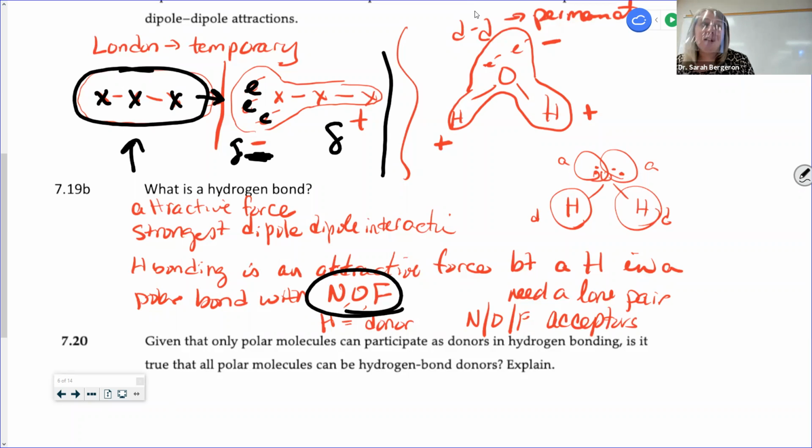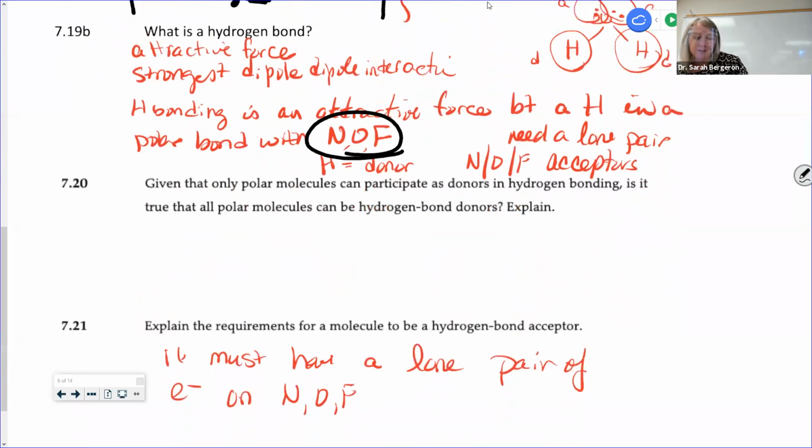They are all electronegative, so these can pull the electrons from hydrogen and hang out. When you talk about hydrogen bonding, it's the force between a hydrogen that's already participating in a polar bond and another electronegative atom. So let's talk about this.